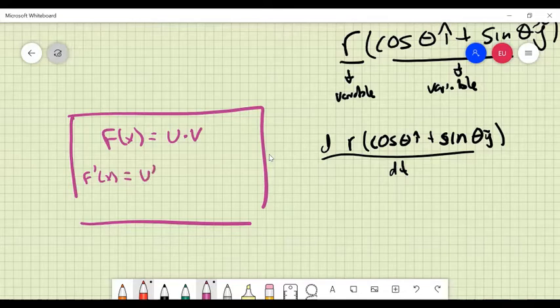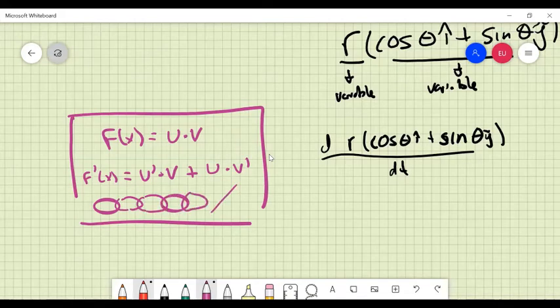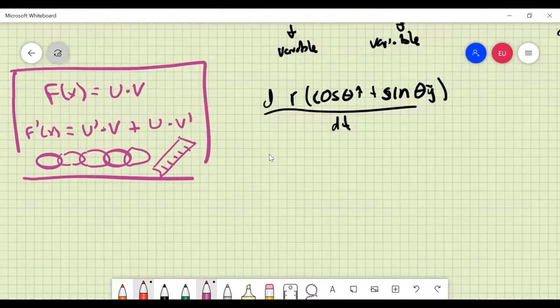Differentiate the first one times the second one plus leaving the first one as it is times the derivative of the second one. You remember that? That's the chain rule.